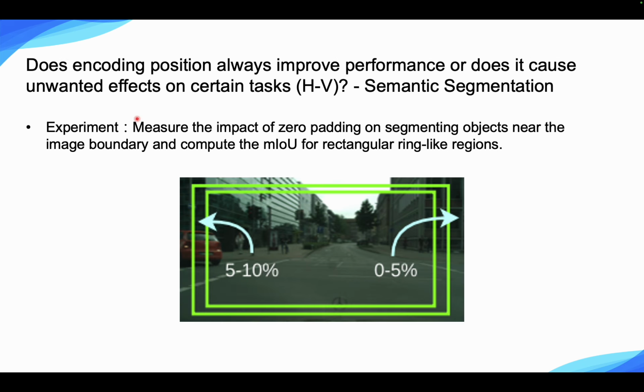The experiment measures the impact of zero padding on segmenting objects near the image boundary and computes the MIOU for rectangular ring-like regions. For example, 0 to 5% is the region of this square ring, and 5 to 10% is the second square ring.